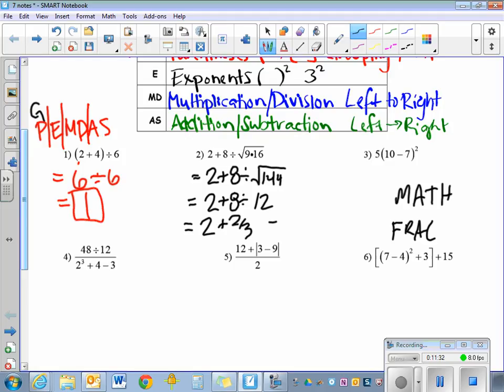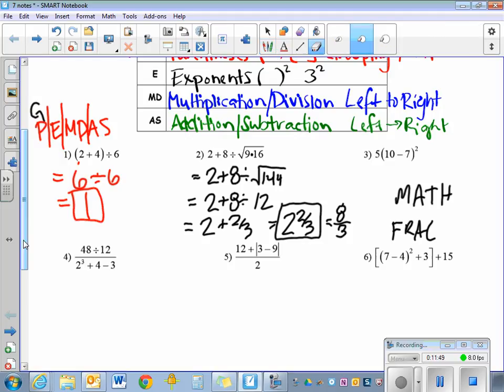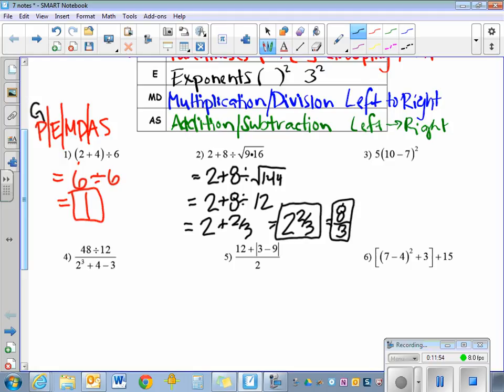Alright, so our answer is 2 2/3, which in your calculator as a decimal might be 2.6 repeating. If you were to convert this into an improper fraction, you would have 8/3. It's the same thing as 8/3. Okay, so any of those would be acceptable. Okay, questions on number 2?